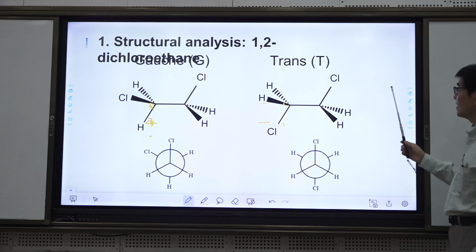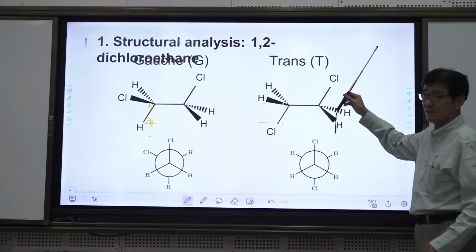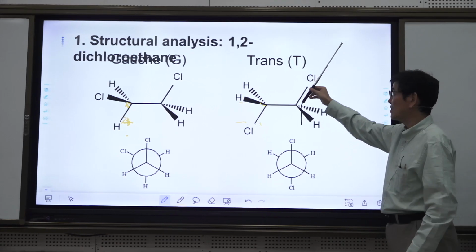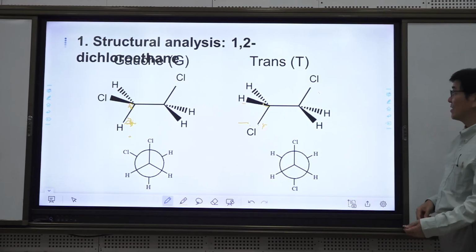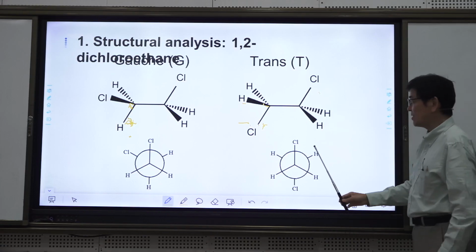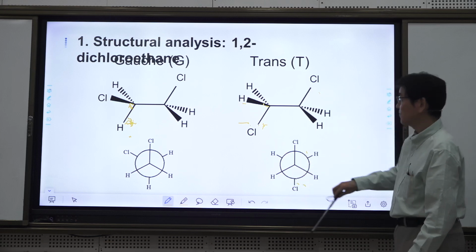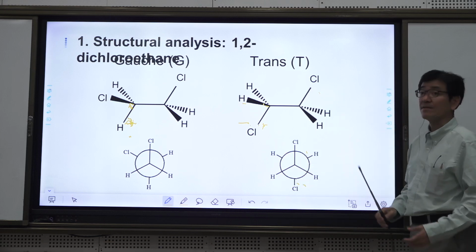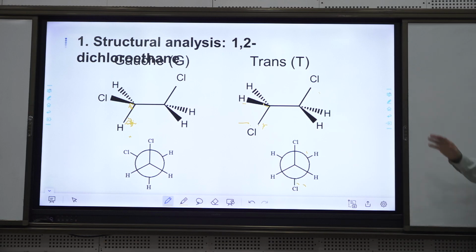In this case, 2 CCl bonds are in plane. If we see from this side, CCl bond should direct upward and downward. Okay, so there are 2 forms. And I explain some examples about this molecule.